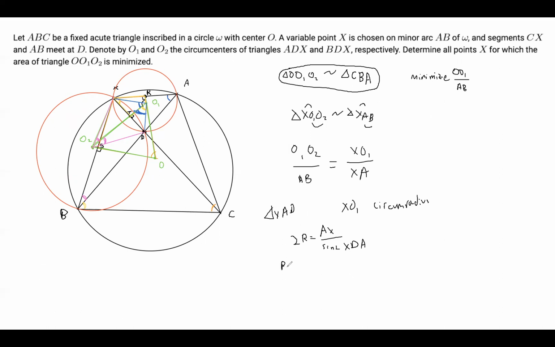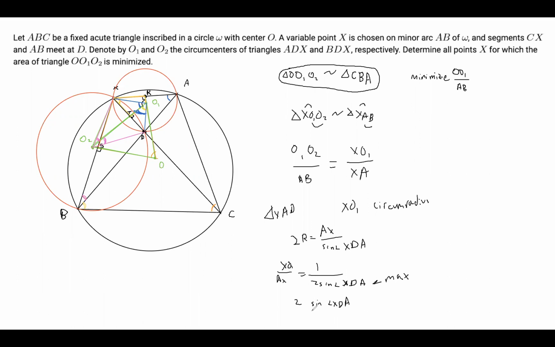So R over AX equals 1 over 2 sine angle XDA, right? But R is XO1. So we want to minimize this thing, 1 over 2 sine of angle XDA, right? And minimizing this thing is equivalent to maximizing that. So we want 2 sine of angle XDA to be as large as possible.